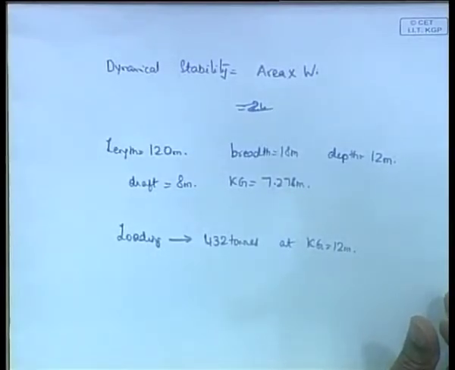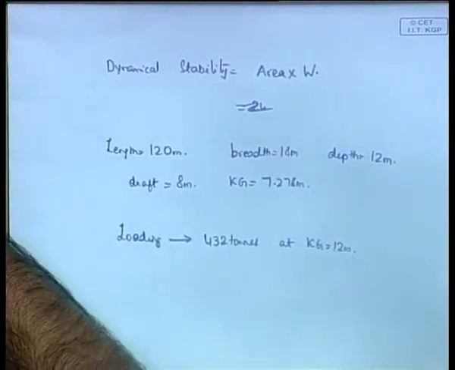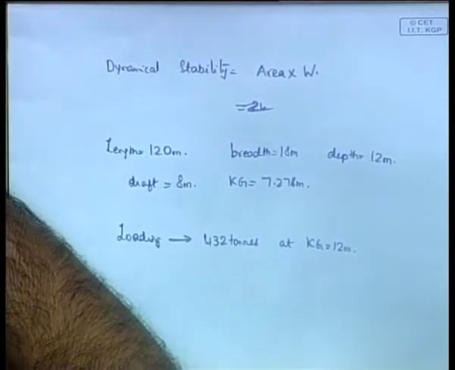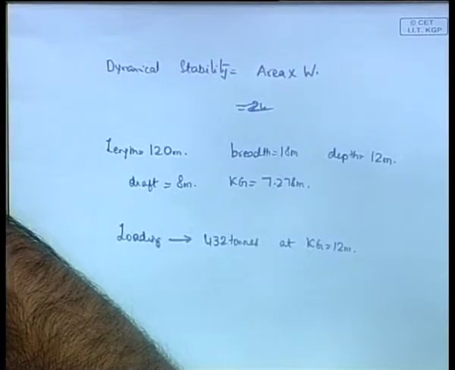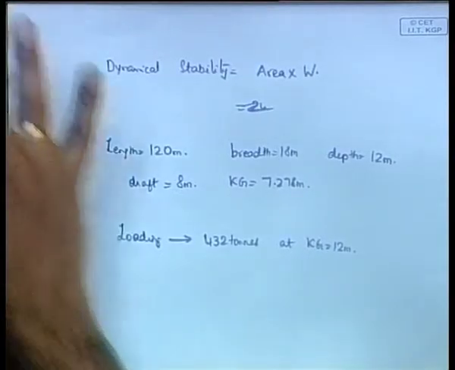Now, the problem will most likely say: find the dynamical stability of the vessel up to the angle of deck edge immersion. That means two things: first you have to find the angle of deck edge immersion, and then you have to find the dynamical stability up to that angle.